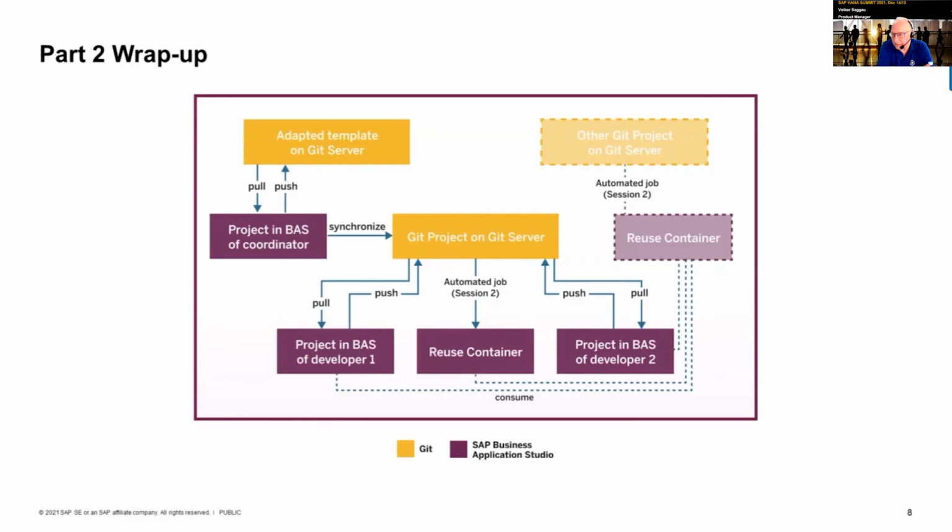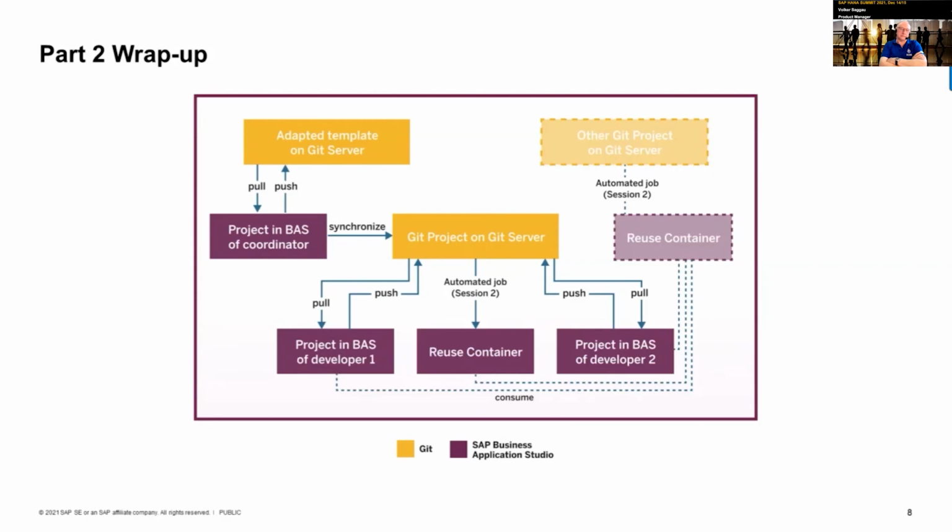And when this is fulfilled, an automated job, for example, or a manual decision can deploy to the reuse container. So if someone wants to use my objects, this person is not using them directly from my developer container, but always via the reuse container, so that there's a stable interface from where to consume.